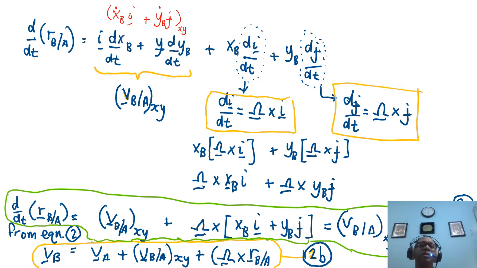So we can write it as the relative velocity of B relative to A in xy.